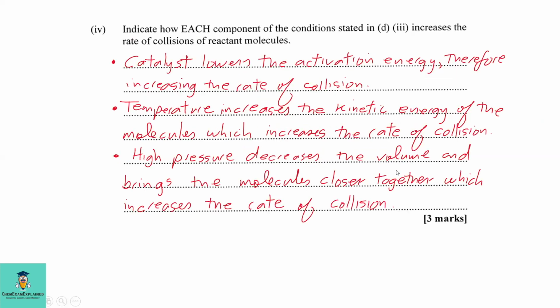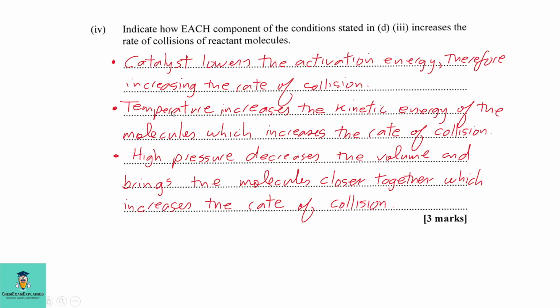Part 4. Indicate how each component of the conditions stated in Part 3 increases the rate of collisions of reactant molecules. For the catalyst, which is iron, it lowers the activation energy, therefore increasing the rate of collision.